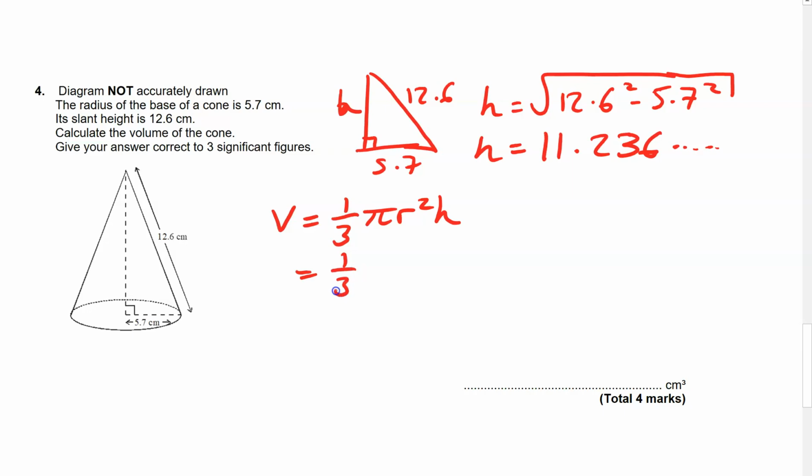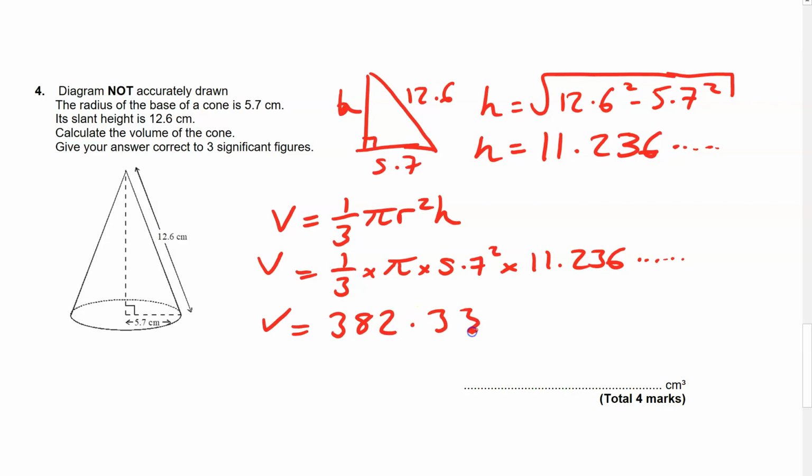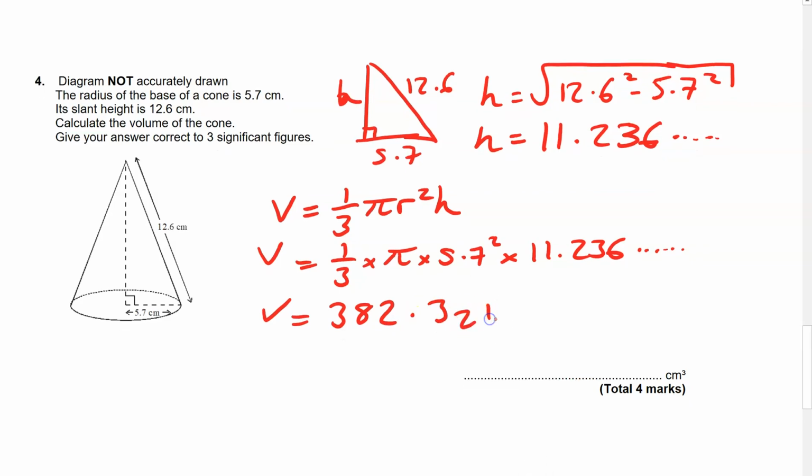So that's 1/3 times pi times 5.7 squared times 11.236... And that comes out, I should have paused it again rather than just typing this, at 382.3221. Oops, it moved. Anyway, we only want 3 sig figs, so it's 382.